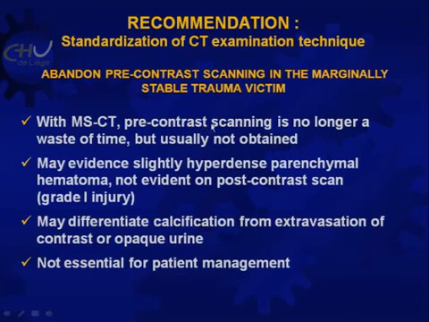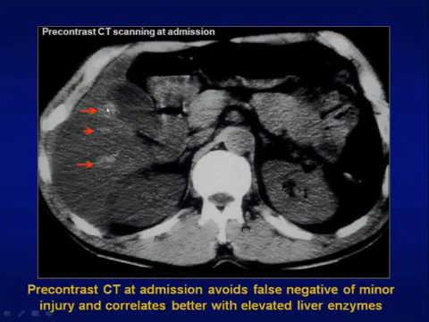And in this example, for instance, you see some small hematomas here in the liver, which correlated better with the elevated liver enzymes. And if you do only the post-contrast examination, you don't see this grade 1 injury, small injury. So theoretically, it could be interesting to have a pre-contrast CT, but usually now we are not doing it anymore.